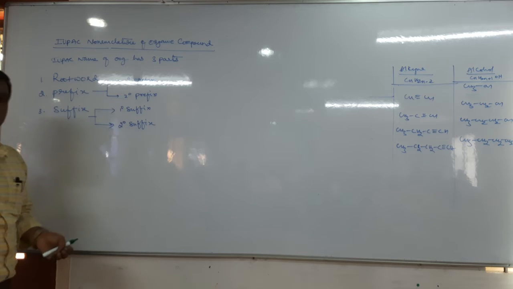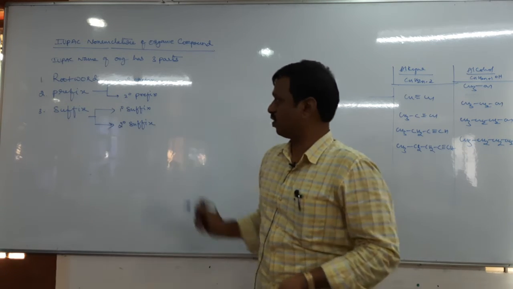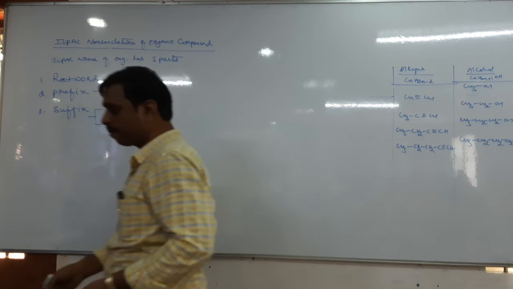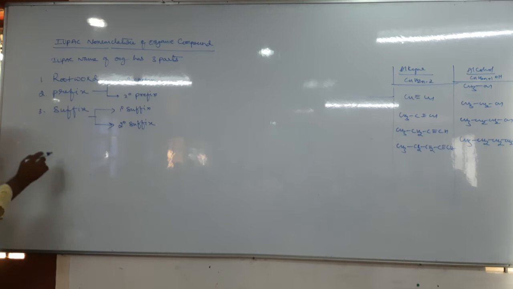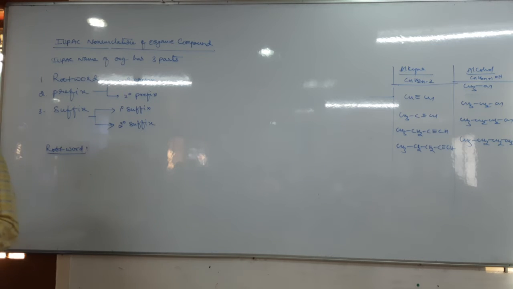What does the root word indicate, and what are the prefix and suffix? First is the root word. The root word indicates the number of carbon atoms present in a parent chain.